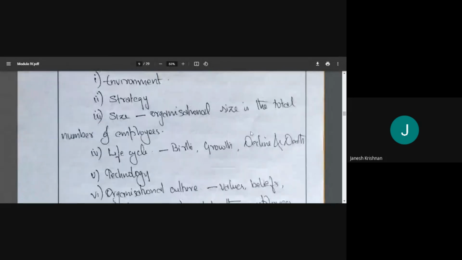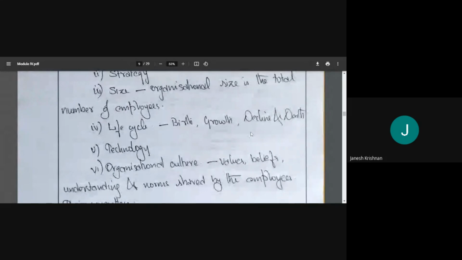Then life cycle. Like us, a company will also have a birth. It will grow, then it will decline, and it will die. But it doesn't mean it will always follow that cycle. Sometimes after the birth, it will start to grow, and before decline itself, it may change. The company may change the complete narrative and do something new.